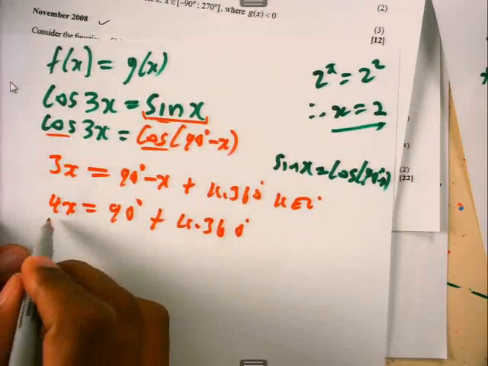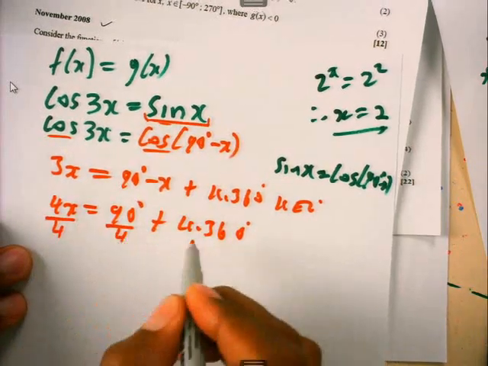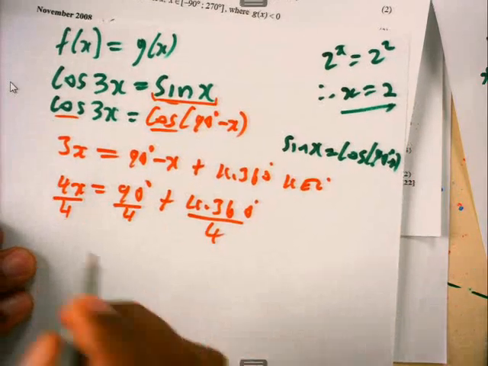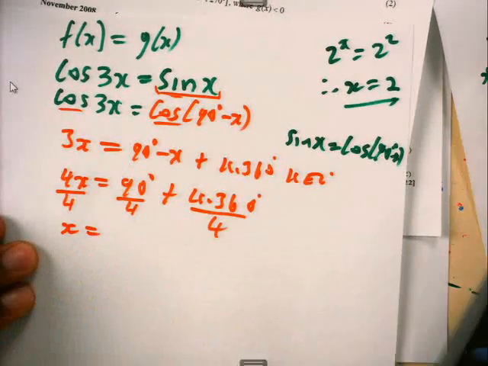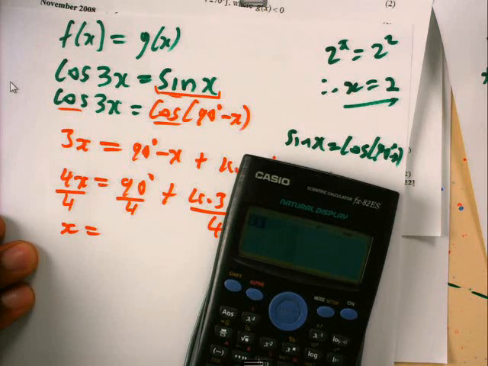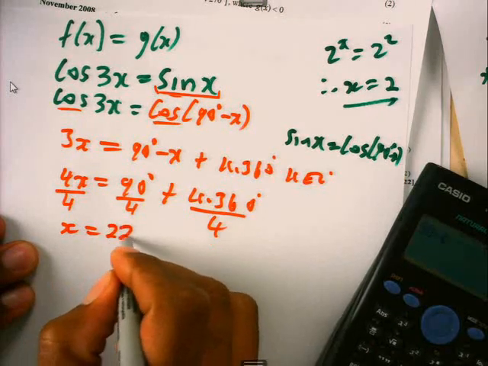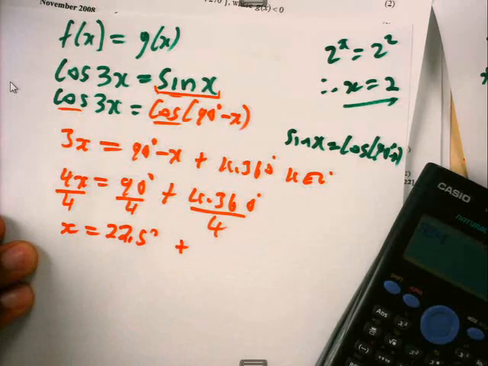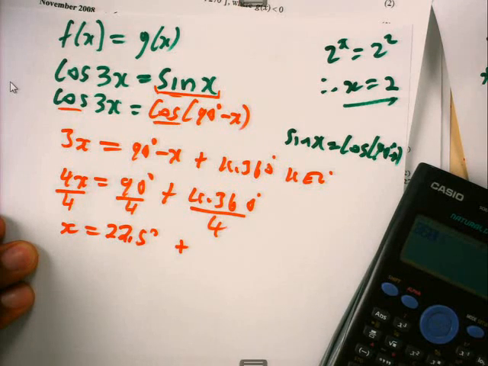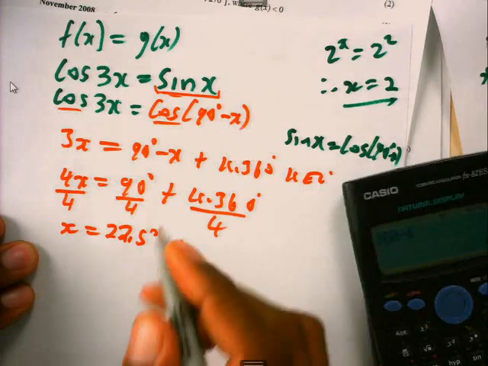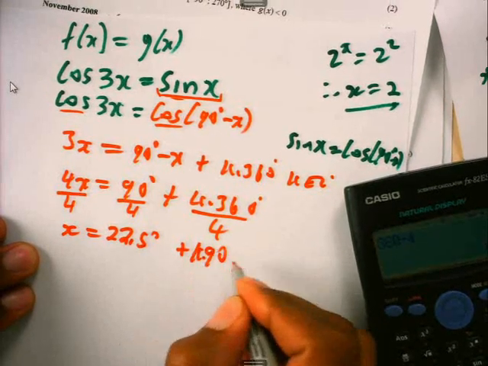Now I divide everything by 4. Then x is equal to 90 divided by 4, which is 22,5 degrees, and also 360 divided by 4 is 90, so k times 90.